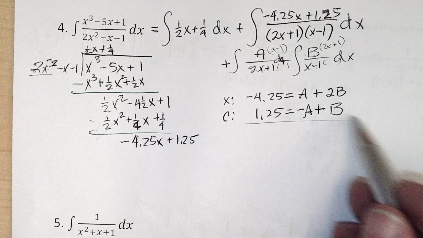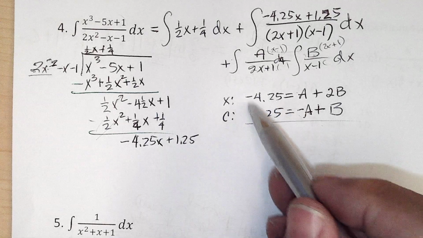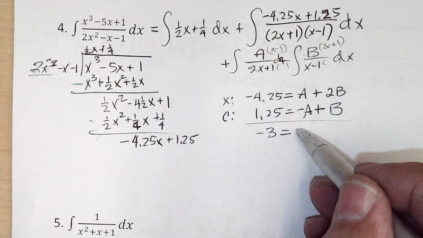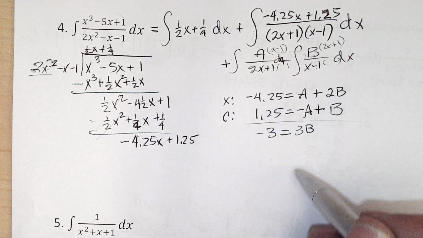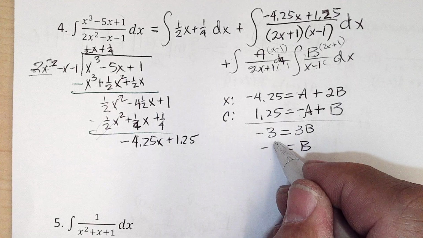Well, since these are opposite and there's only a's and b's, I can add these two equations and I get -3 equals, those cancel, 3b, divide by 3, and I get b is -1.